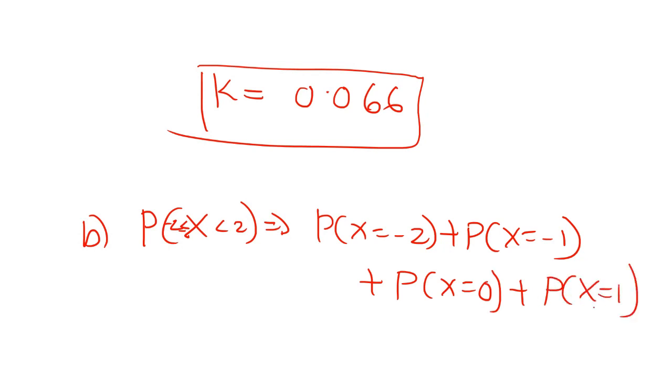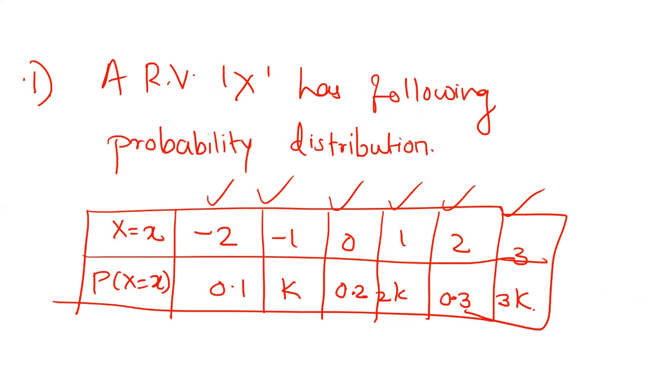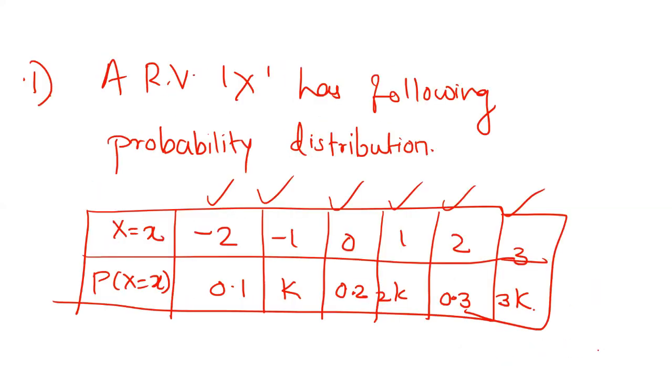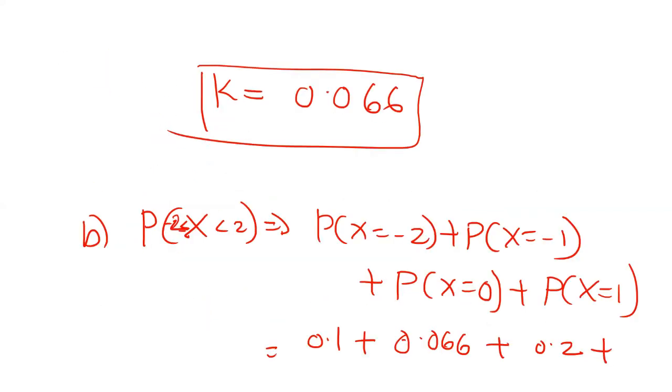So P(x = -2) is 0.1, plus the value of k, 0.066, plus 0.2 plus, for x equal to 1, 2k. That will be equal to 0.133, which is equal to 0.5. So this is the final answer.